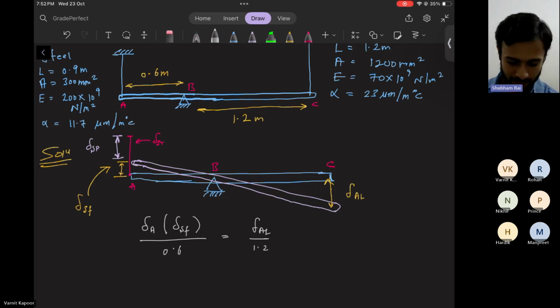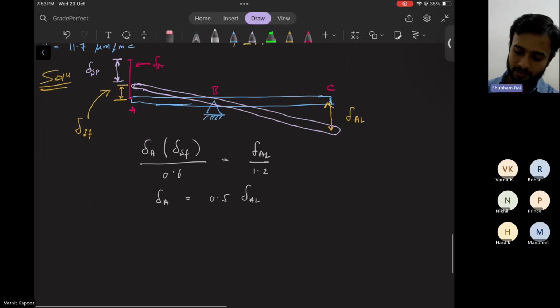So from here we can say that delta at A should be equal to 0.5 times delta of aluminium, right? Because this bar ABC is rigid, it's not going to deform. So delta at A finally is delta in steel due to temperature minus delta in steel due to load.